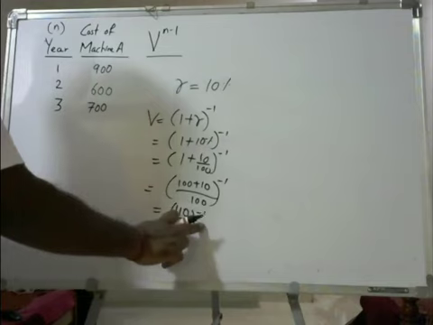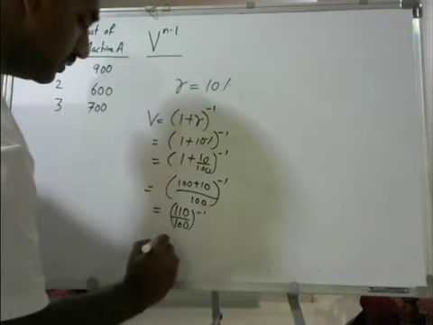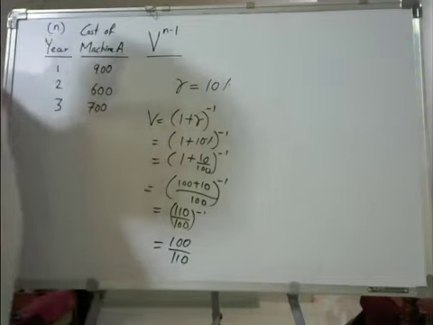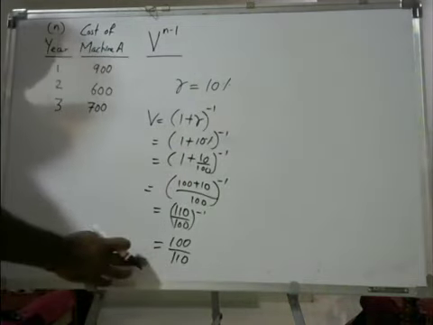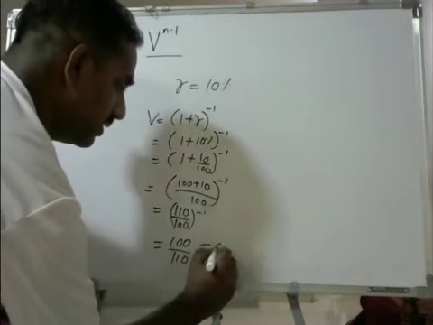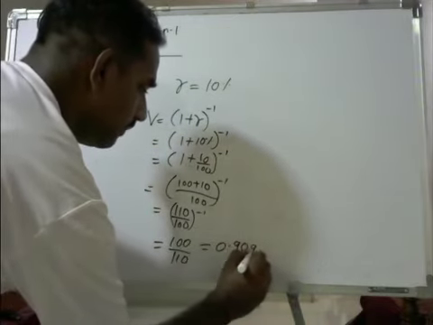Now since there is minus 1, we can inverse it, that is 100 divided by 110. Now if we simplify this, we will get in decimal, that is 0.9091.